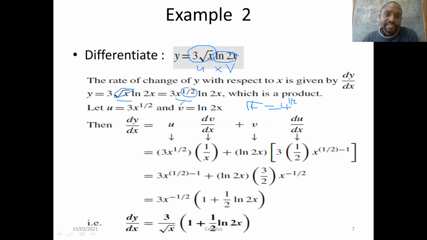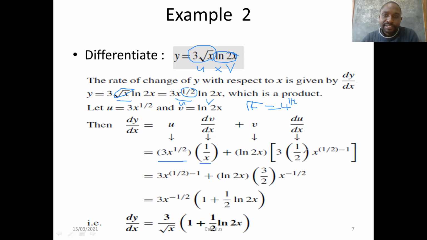So again, this becomes our u, this becomes our v, and then we can now apply the product rule, dy over dx, which is u dv/dx plus v du/dx. Take your u the way it is, it will be 3x to the power half. Differentiate ln 2x, you get 1 over x, plus ln 2x, which is our v, the way it is.